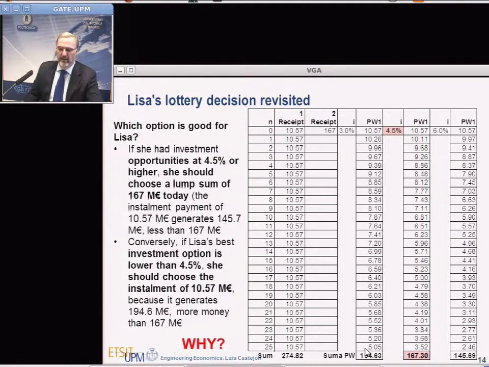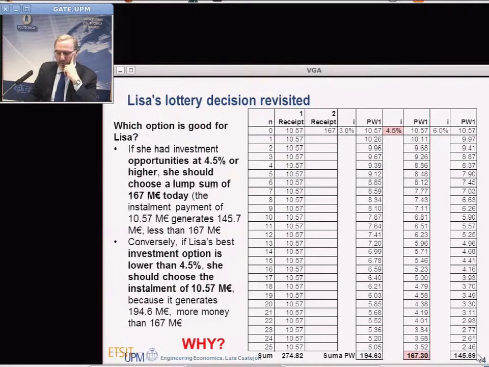So for example, with a 3% interest rate, the 25th payment at present worth is 5 million euros. With 6% it is just 2.46 million euros.